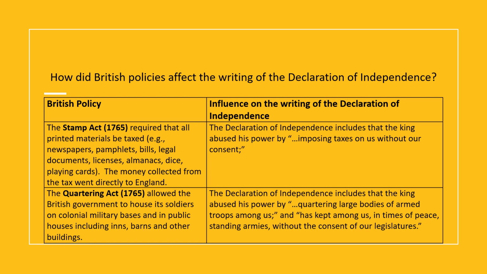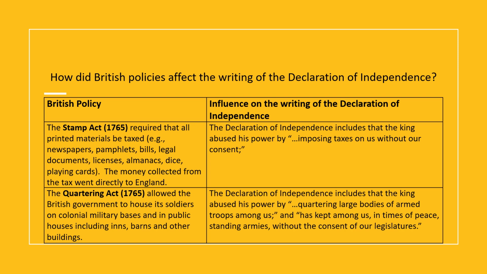So you can see from this list of the types of printed materials, newspapers, that's a way for us to stay informed. Legal documents, that would be something relating to a contract perhaps, such as buying or selling property or buying or selling goods or services. Licenses, the idea that somebody might need a license to practice law or to practice medicine, that type of document also required a stamp.